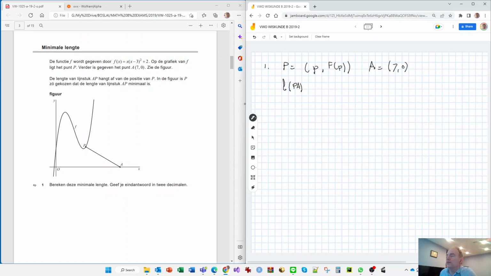that you just get from Pythagoras, and let's just put the length squared, because if the length is minimum, the length squared is also a minimum.